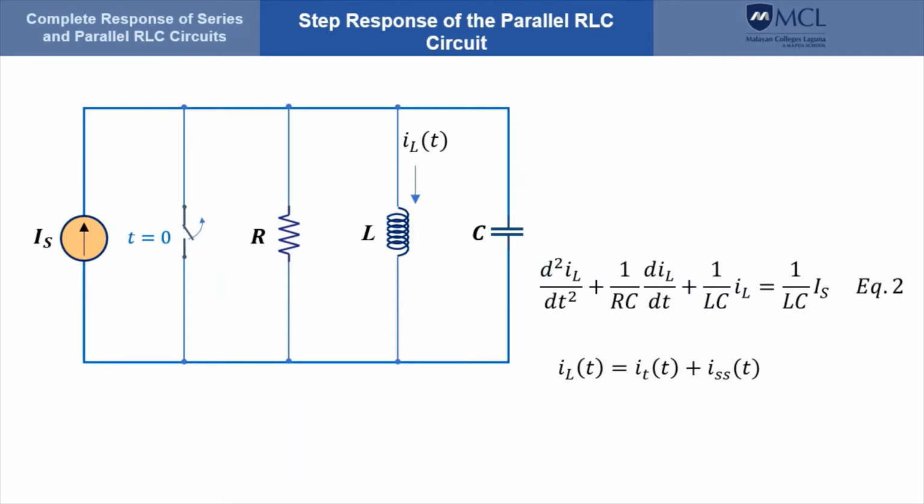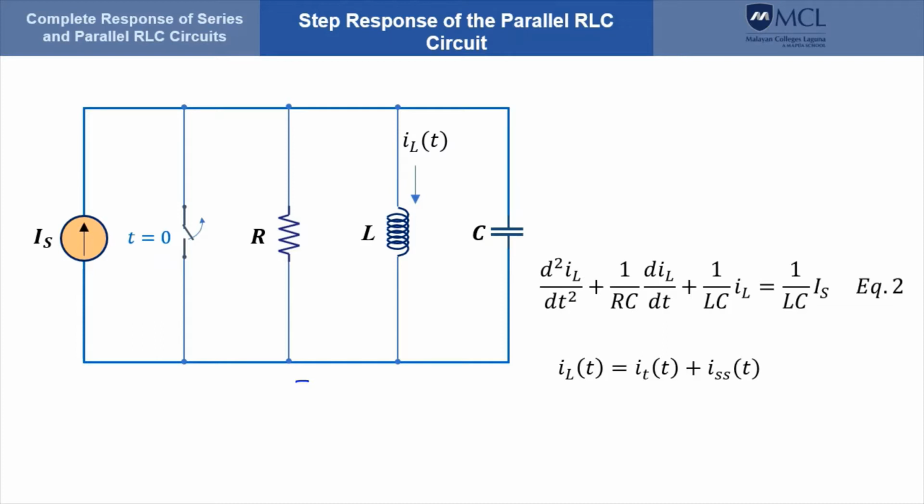Now let's go to the step response of the parallel RLC circuit. So this is a circuit that looks like this. It is a parallel combination of the elements R, L, and C. And this circuit, as shown here, is excited by a current source.